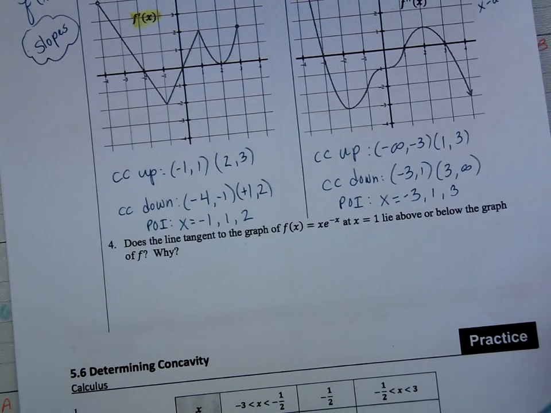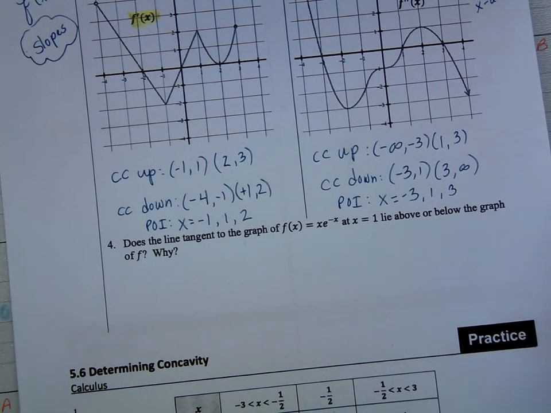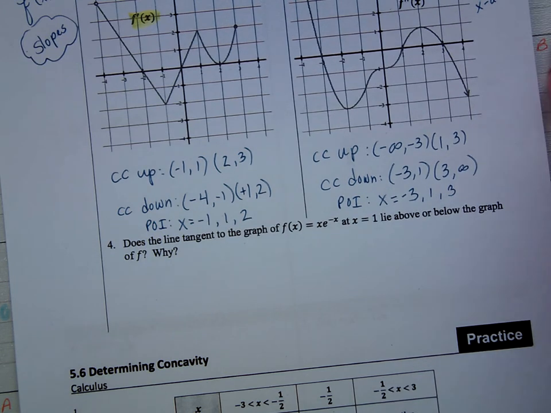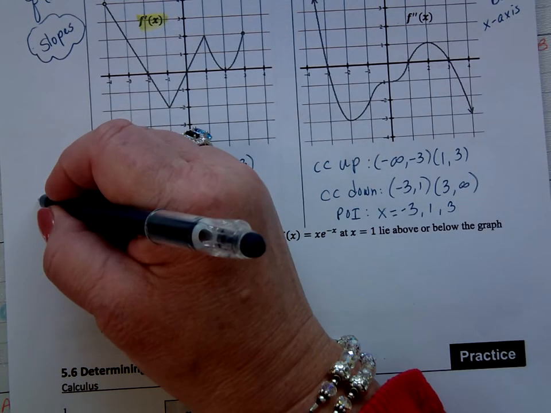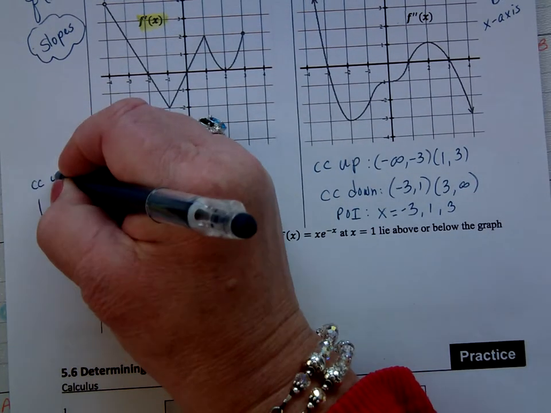Does the line tangent to the graph of this function at x equals 1 lie above or below the graph of f? If I think about how concavity works, I'll give you a quick picture on the side.